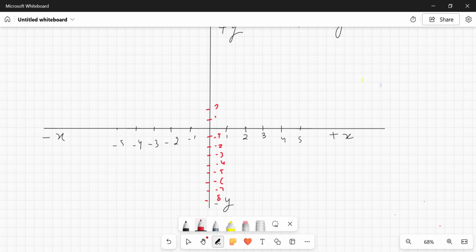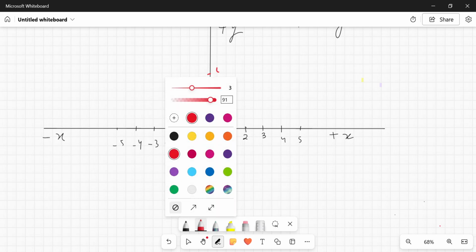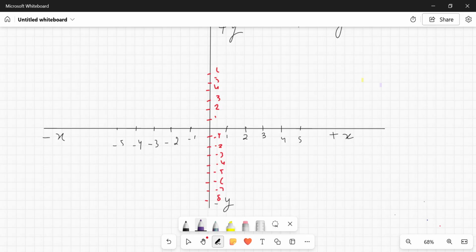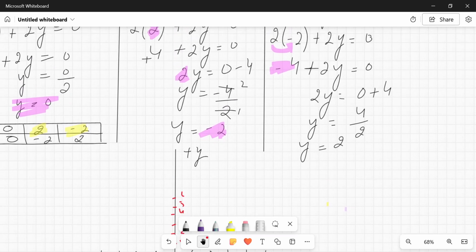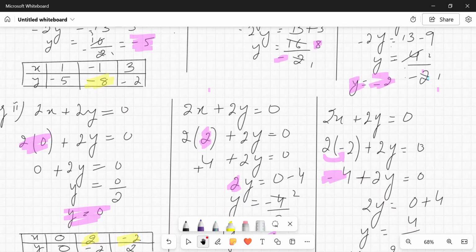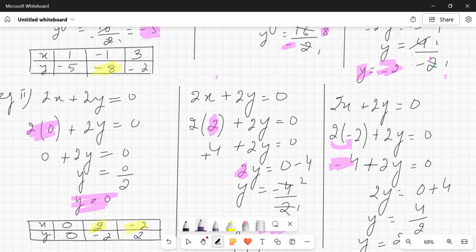1, 2, 3, 4, 5, 6. Okay, now let me check the first values. Okay, x here is 1, and 1, minus 5 here.